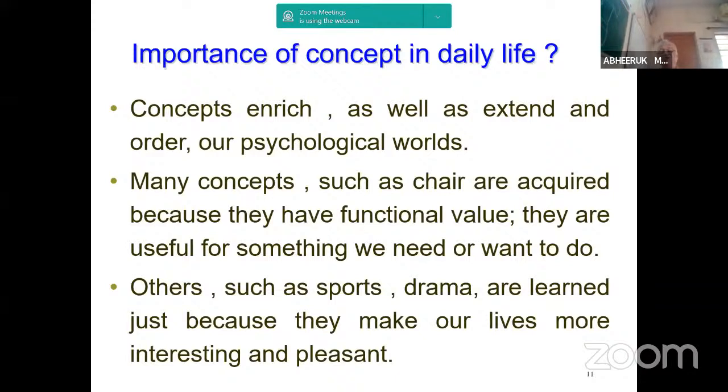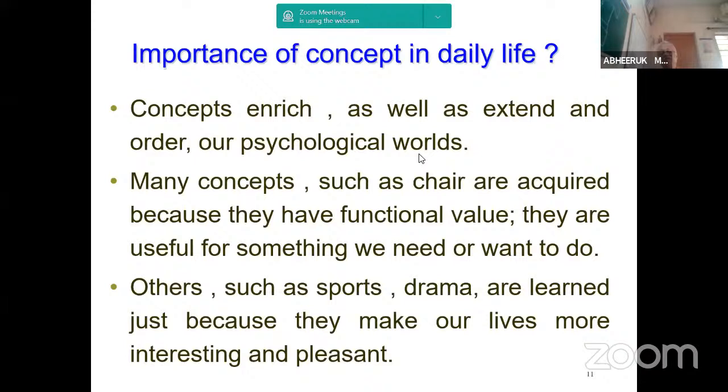When two people in the same field communicate, they use those special concepts of that field, which other people may not understand. So concepts enrich as well as extend and order our psychological world.